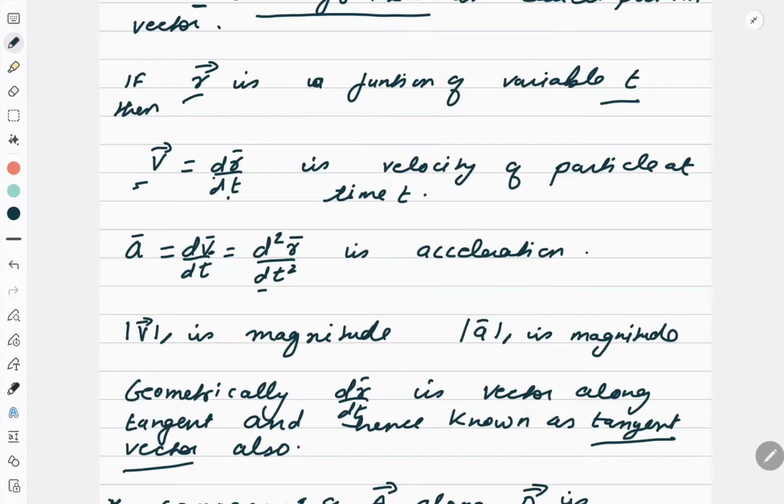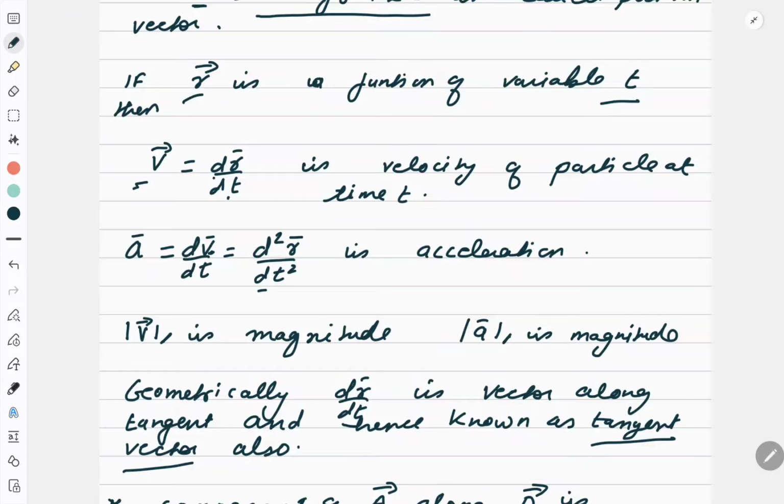Now in gradient, when I was teaching you, I told you gradient is rate of change of function along the normal and it will have components in all the directions, right? Same way I can find out the component of velocity and acceleration. How to find out the component?